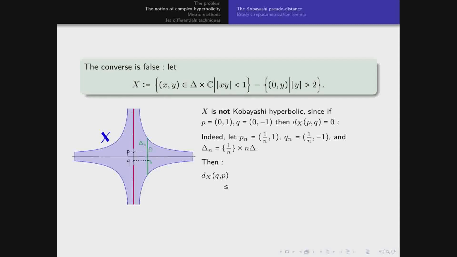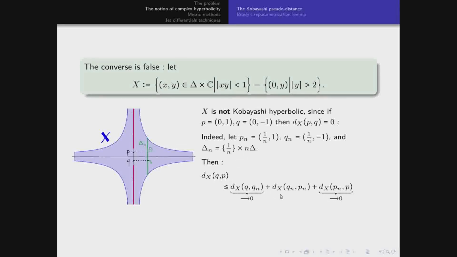And now you can bound from above the Kobayashi pseudo-distance between P and Q as follows. You simply use the triangular inequality. It's not too hard to see that this pseudo-distance tends to 0, since P_n tends to P, and similarly for Q_n.